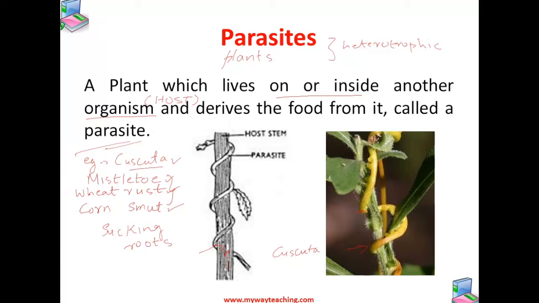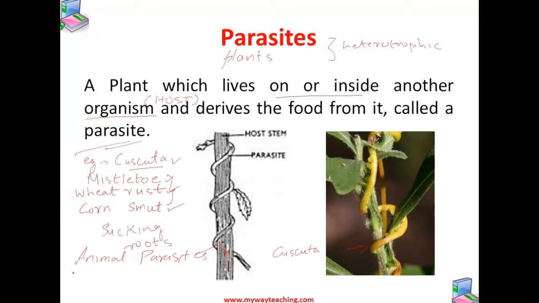So we have been talking about plant parasites, but there are many animal parasites as well. Animal parasites. Now there are certain animals which also reside on other animals or plants for their food.